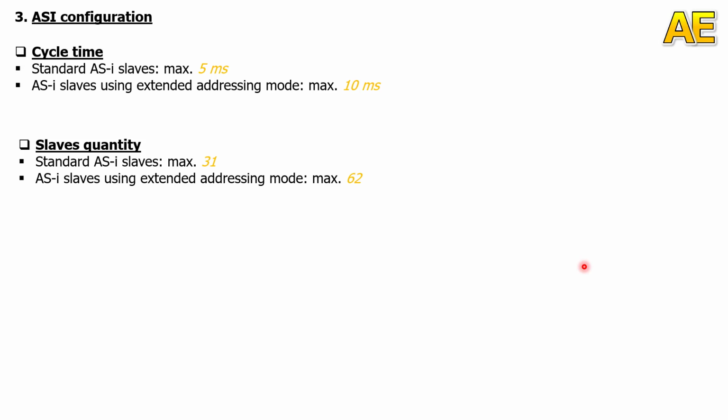They are only active when called by the ASi master. They trigger action or transmit reaction to the master when commanded. Each ASi slave is identified by its own address from 1 to 31. A maximum of 62 slaves using extended addressing mode can be connected to an extended master.